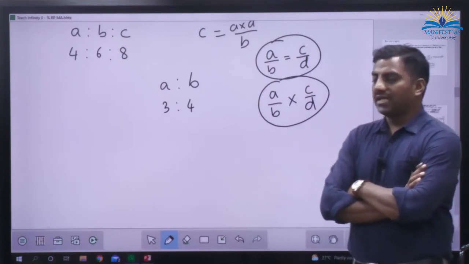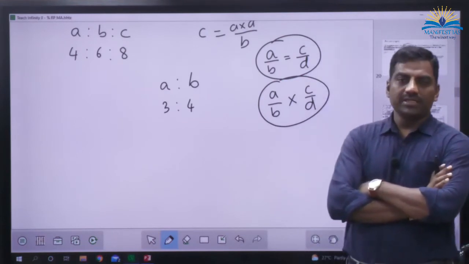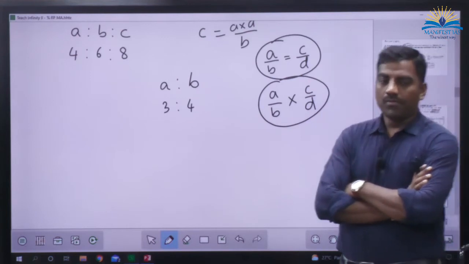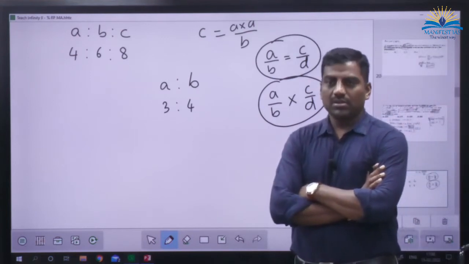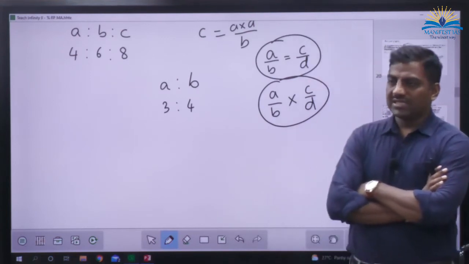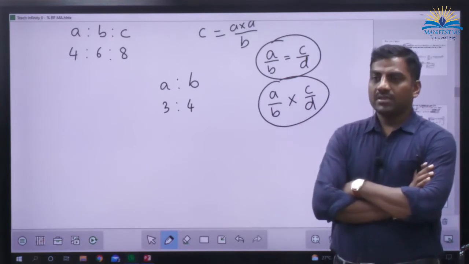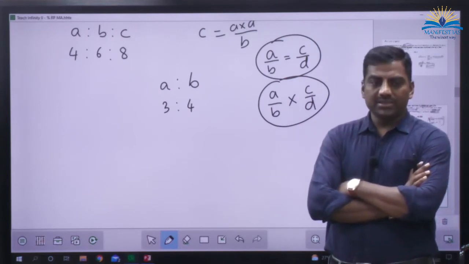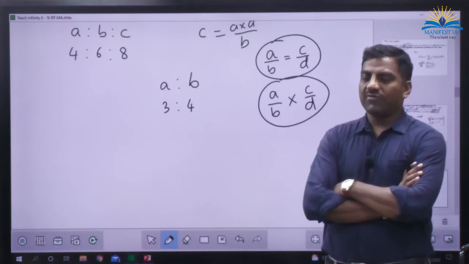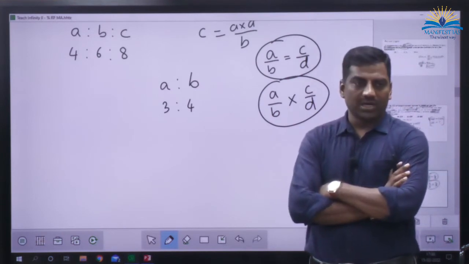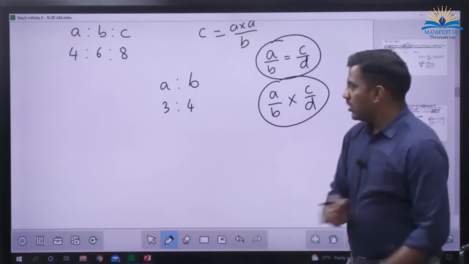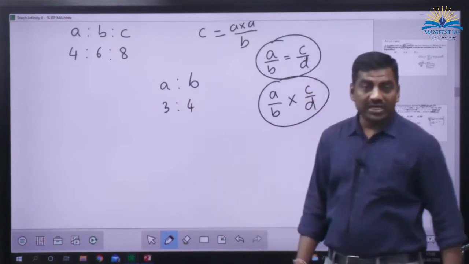You can derive many inferences there. But the thing is, if A is getting 3 rupees, then B would get 4 rupees. If A gets 300, B would get 400. So, you cannot take these values into the calculations directly.